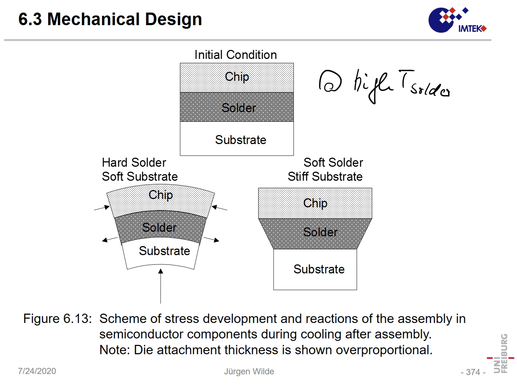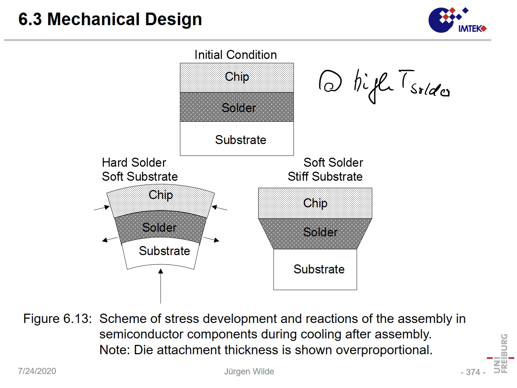In cases where we have a hard solder which couples the chip well to the also hard, relatively soft substrate, all of this will be bent, and the substrate will typically contract more than the chip.